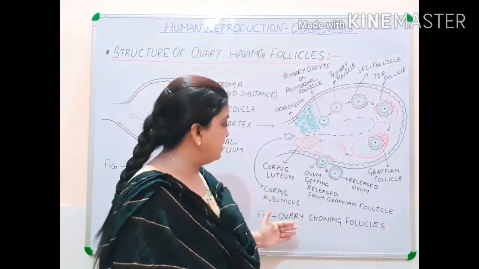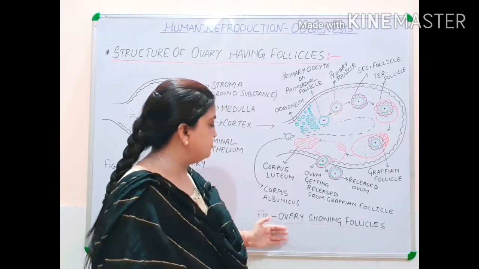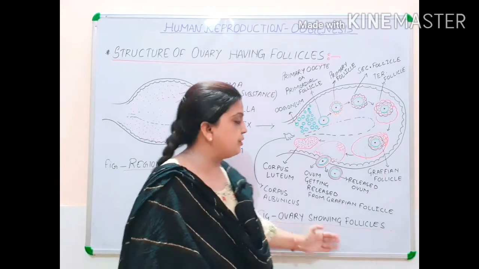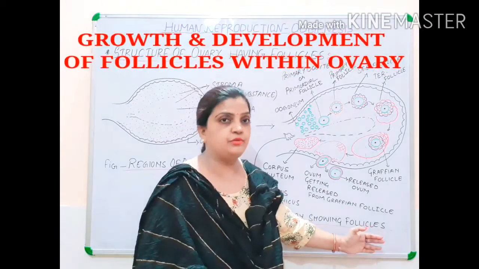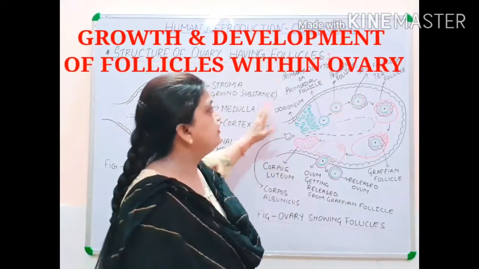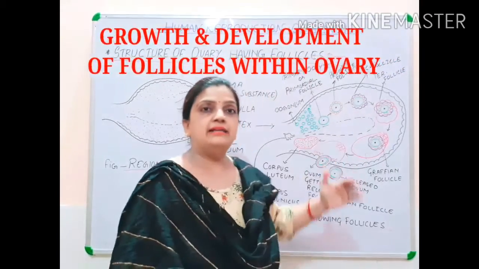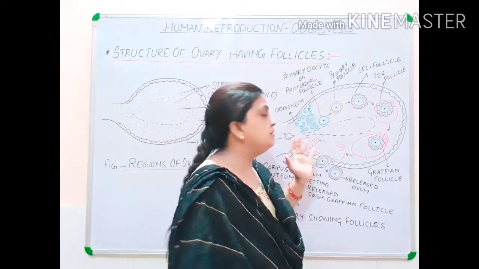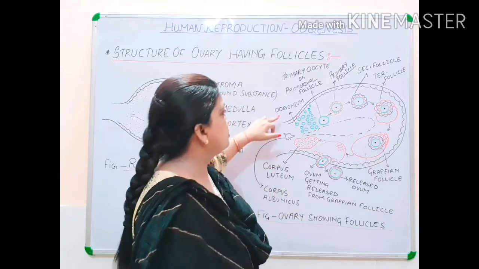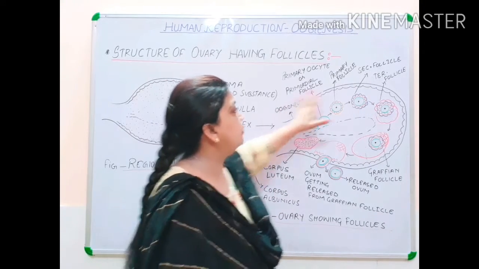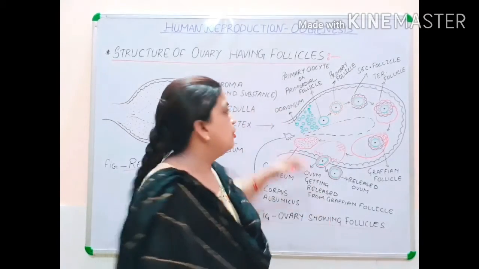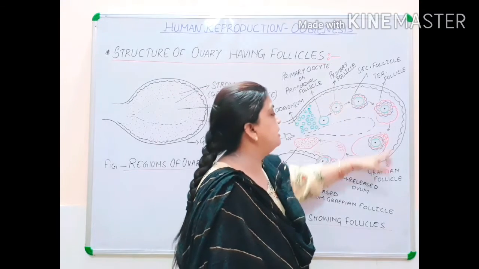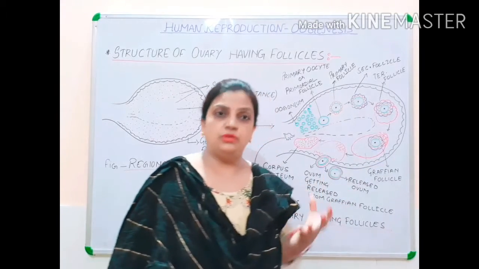Now children, on this side I have drawn the diagram of the ovary showing the different types of follicles. First I will take the names and you learn the names first, then learning the diagram will become easy. Now children, the first part of the ovary is where the germinal epithelium lining plays a role.